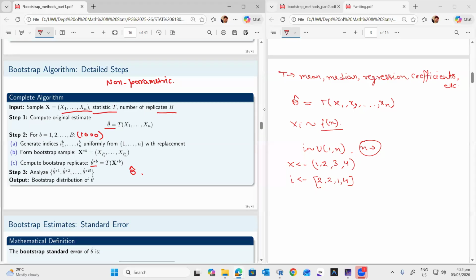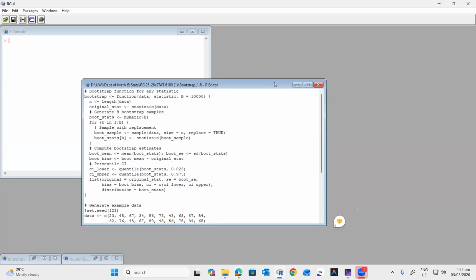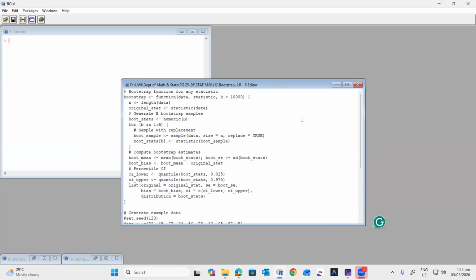That is basically the non-parametric bootstrap distribution. Here I have this code.